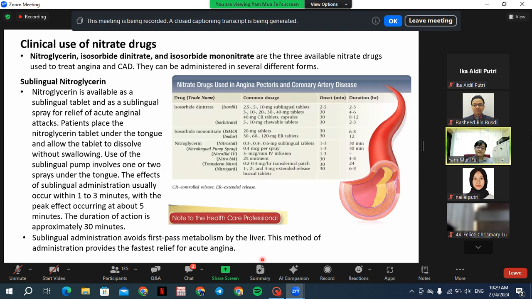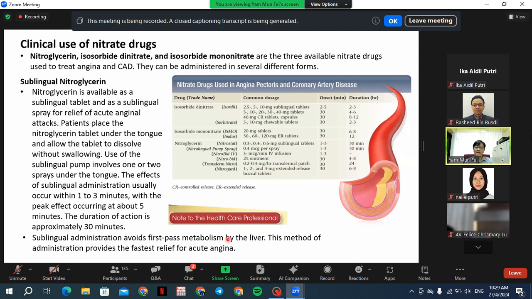The beauty of sublingual administration is that it will avoid the first pass metabolism by your liver. So what is the first pass metabolism? First pass metabolism is the metabolism that happens when the drugs are absorbed from your intestine before entering your liver.